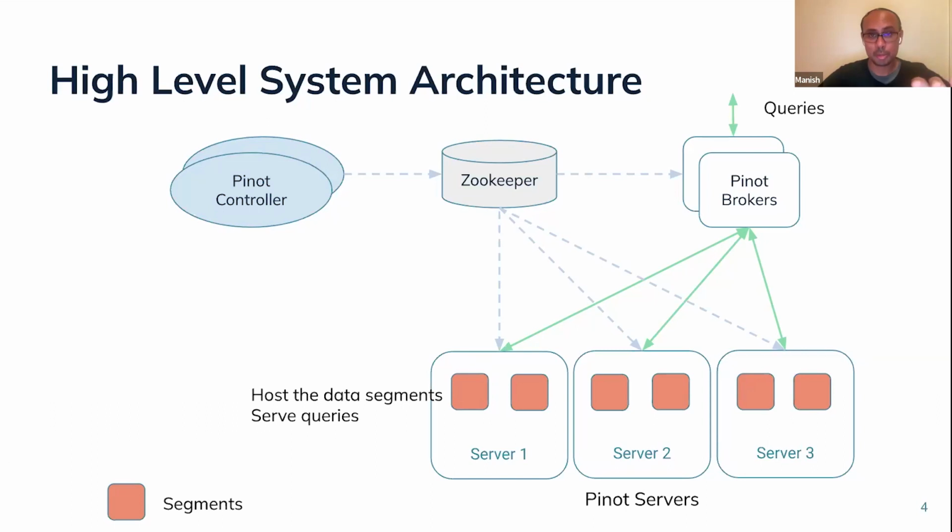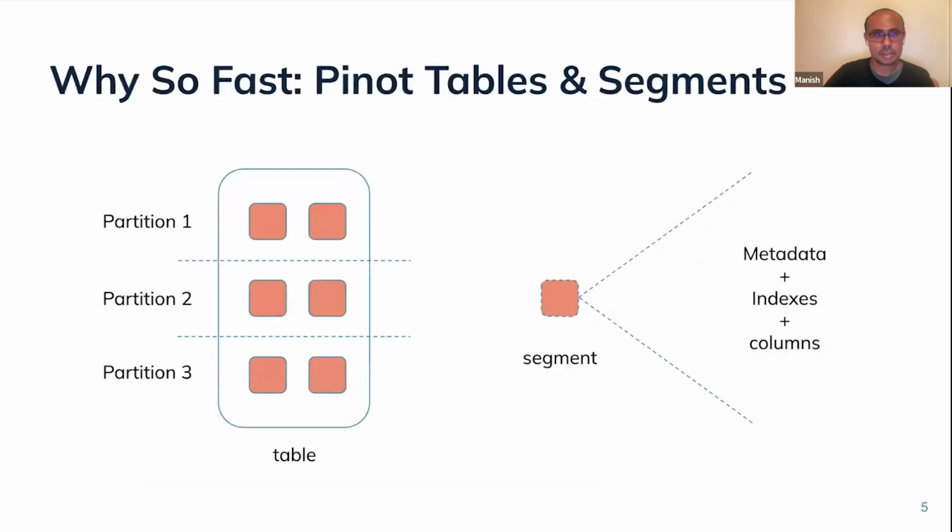Although I'm not going to talk about these aspects, I'm going to talk about minions, which will come in a bit. So why is Pinot so fast? We're able to partition the data into segments, and then we have really smart indexes that can prune the amount of data that is scanned for the query.